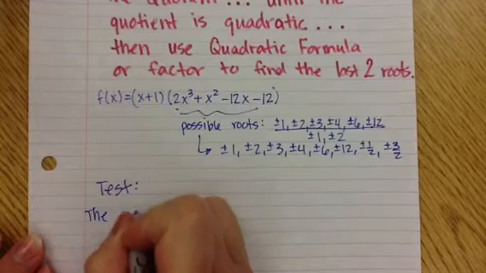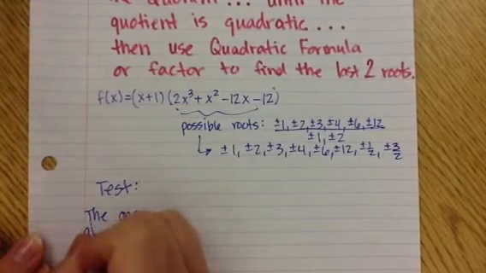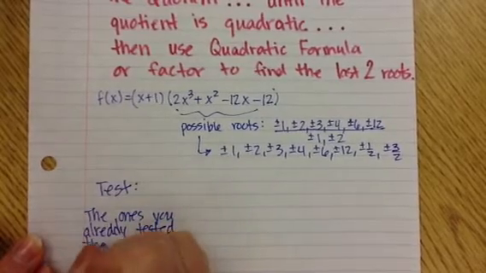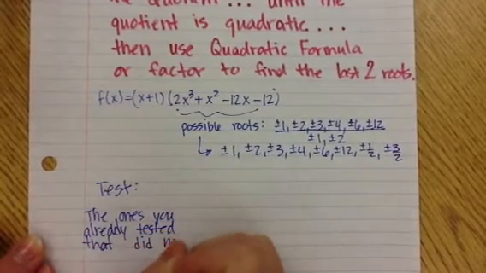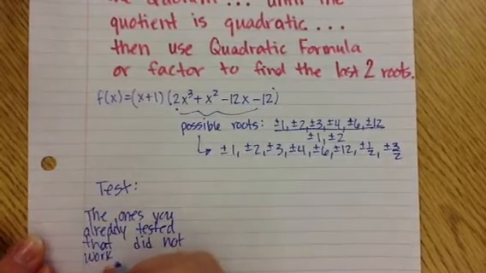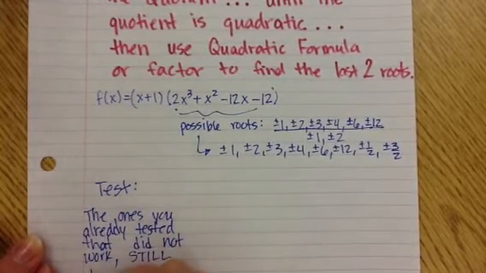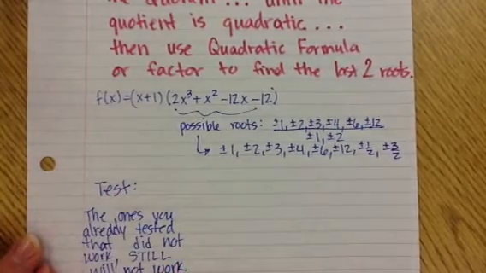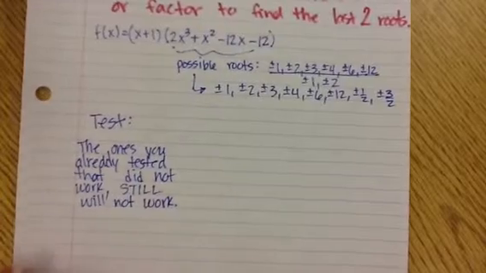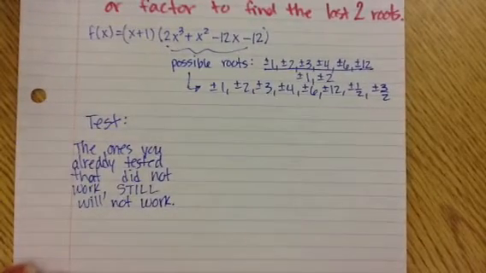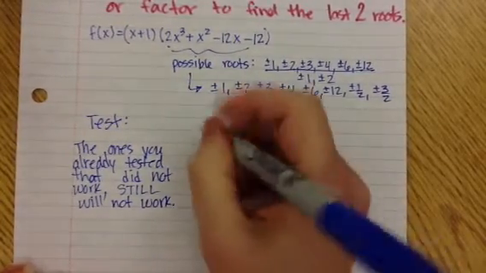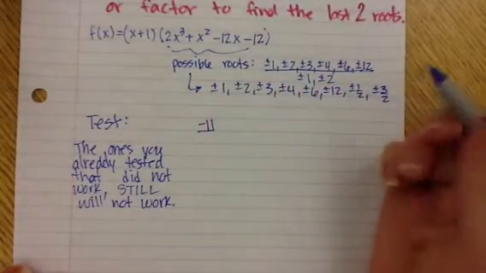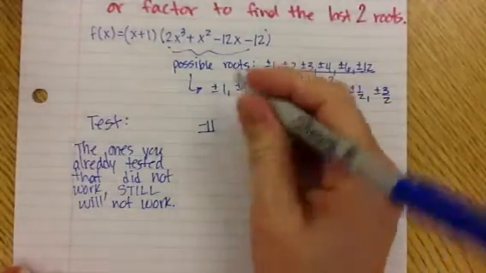So the ones that you already tested that did not work still will not work. Since we already tested 1 in the original function, we don't need to test 1 again. But we could still test -1 because it worked one time and it might have a multiplicity. So we'll test -1 and see if it works.